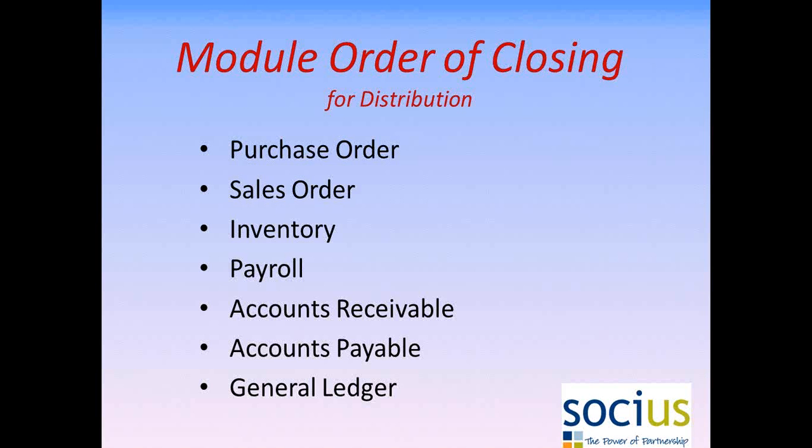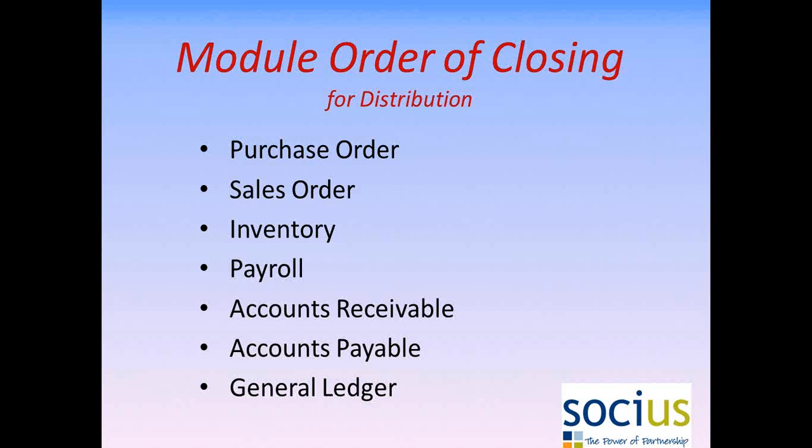In that respect, purchase order and sales order should definitely be closed prior to closing inventory. And payroll, if you're using payroll, would need to be closed before closing GL. But of course, they all need to be closed before closing GL.